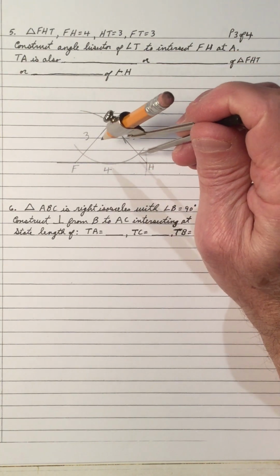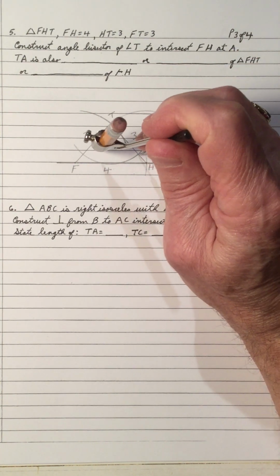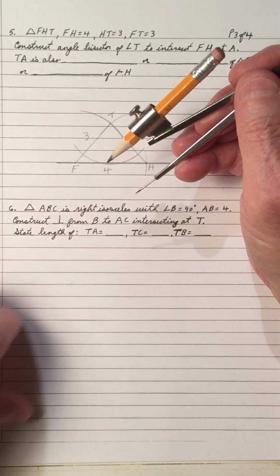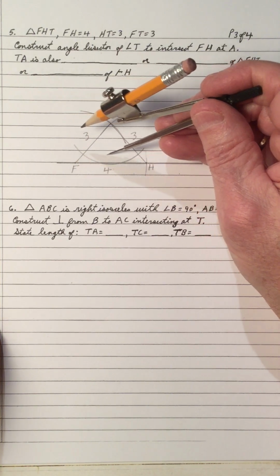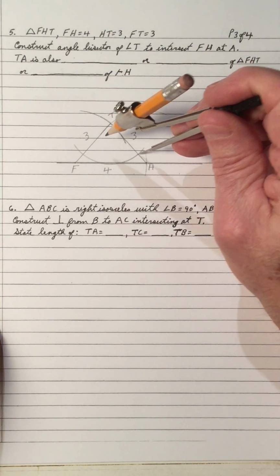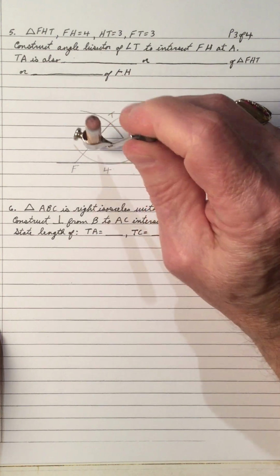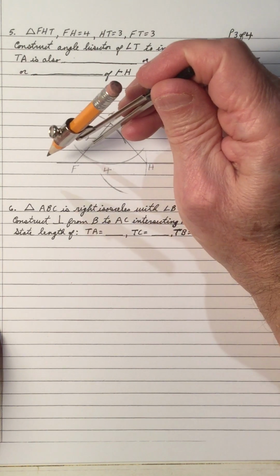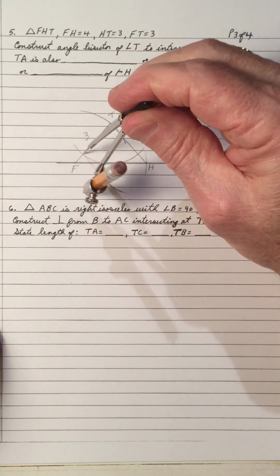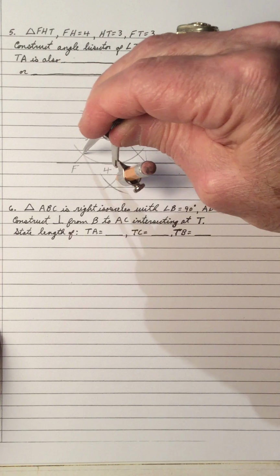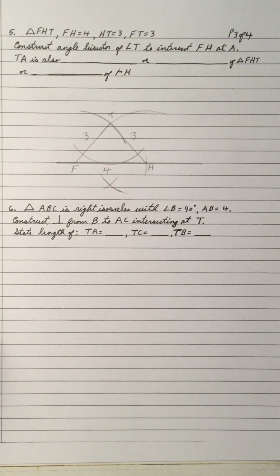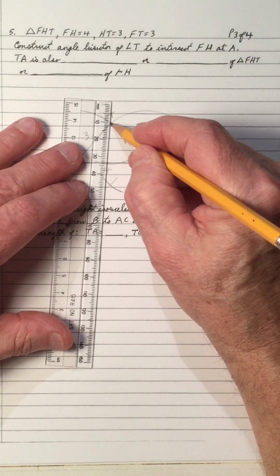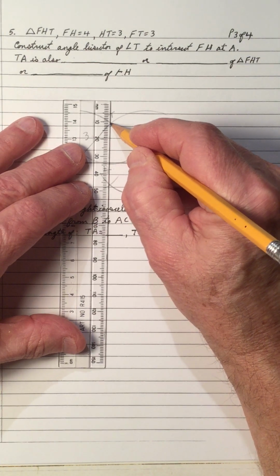So we take this point and we make sure that the radius of my compass is more than half the length of this segment right here. So put the compass there, and that's more than half, so we make an arc down here, and we put it right here, and we make an arc, and so now let's join T to where the 2 arcs intersect. There it is.